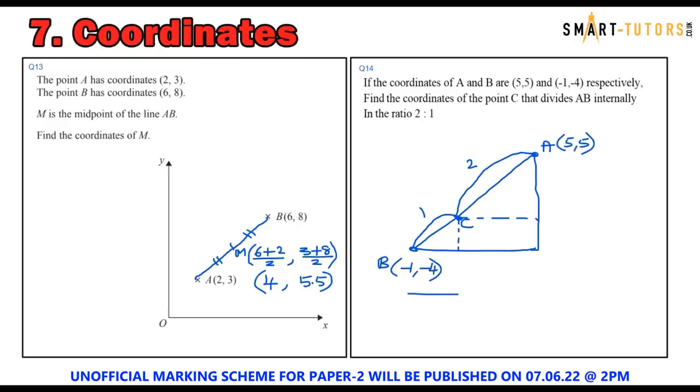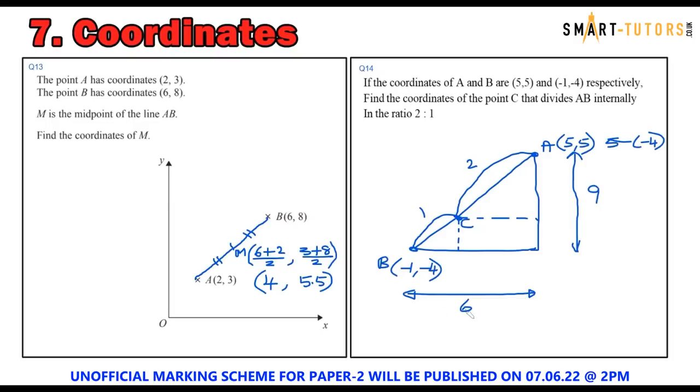The entire x distance is the difference of the x coordinates: 5 take away minus 1 is 6 units. The entire height, which is the y difference, is 5 take away minus 4, which is 5 plus 4, which is 9.